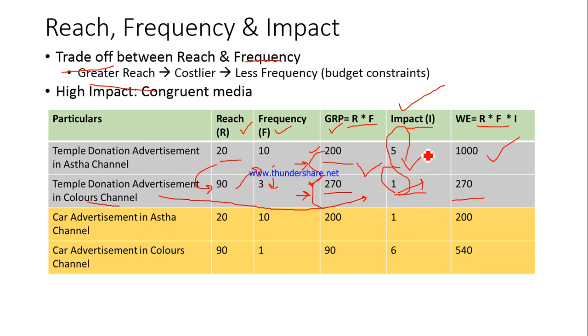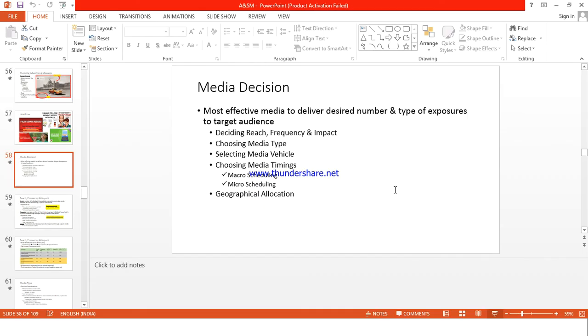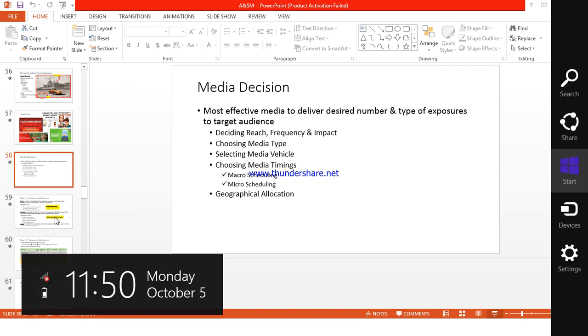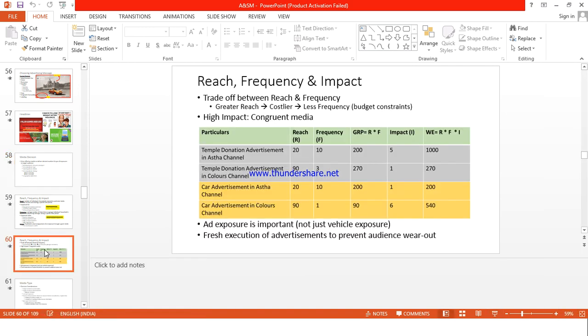However, when we have also included the impact to find weighted exposure, see the difference. So naturally it makes sense for us to go for the Astha channel. See, the value of weighted exposure is much more here, almost 4 times that of the value here. Is that fine?